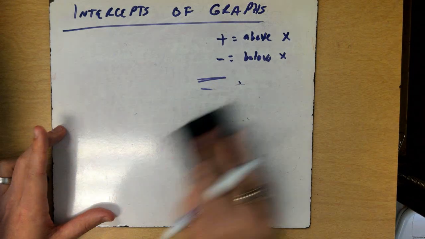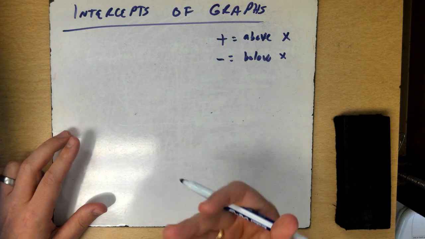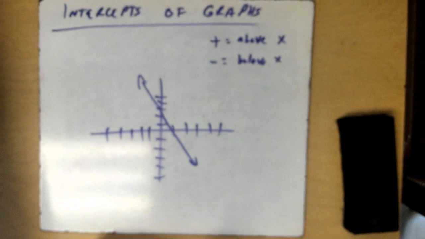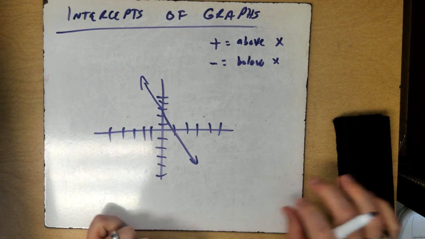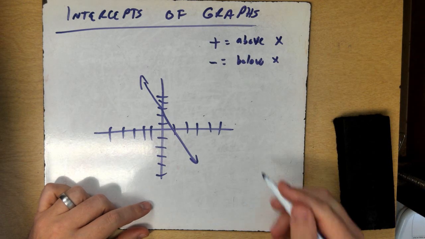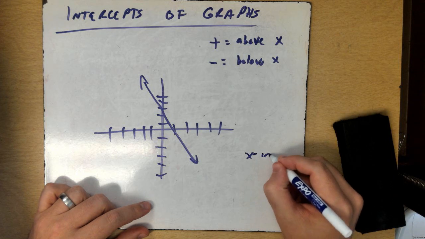So let's do an example here. This probably doesn't make sense right now, but let's make it make sense. We have our graph. The first step is we need our x and y intercepts. So what is our x-intercept?